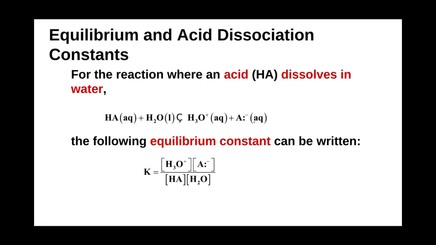So we have this reaction here. We calculate the equilibrium constant as written. K equals, remember the brackets equal concentrations, the concentration of the hydronium times A minus divided by the concentration of HA times the concentration of water.